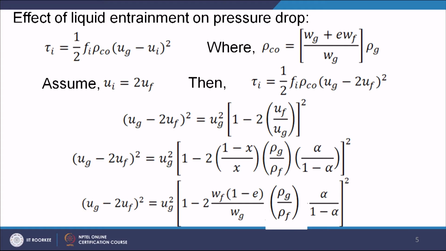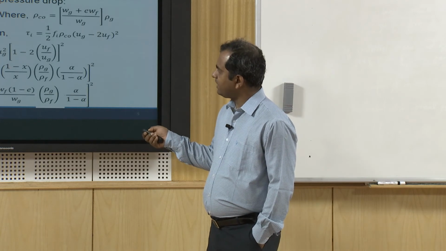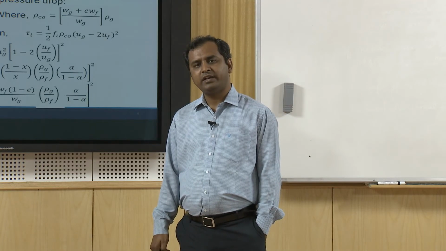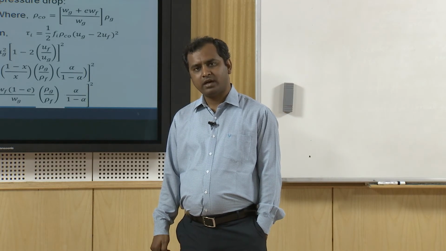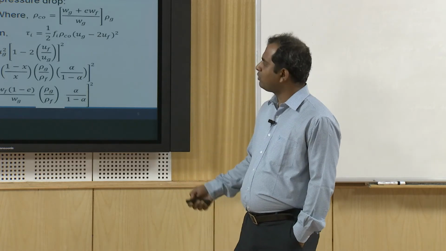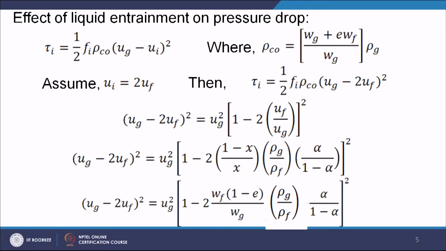Next, as we have 1 minus mass quality by mass quality, depending on the masses we have in the core and the wall, we can replace this mass quality by the liquid mass flow rate and the gaseous mass flow rate. So, the liquid mass flow rate adhered to the wall will be W f into 1 minus E.